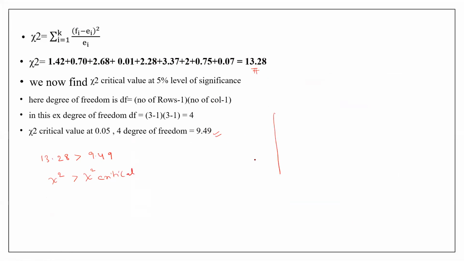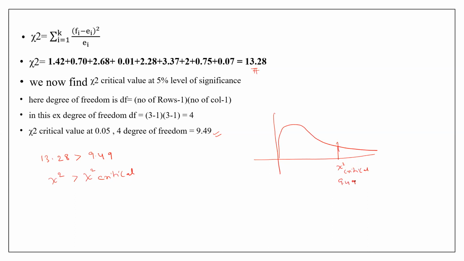When you plot the chi-square distribution, it will be something like this. This will be your chi-square critical value, which in our case is 9.49.